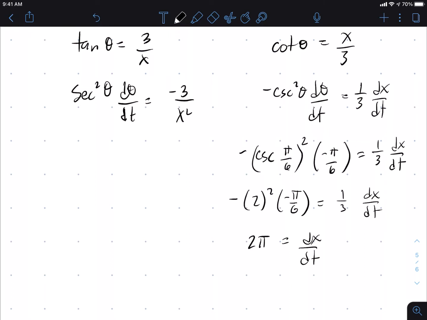Now, one of the things that's important is this is kilometers per minute. If we wanted to know what that was in terms of per hour, I would just go 2 pi times 60, correct?